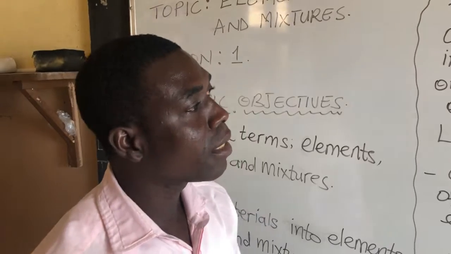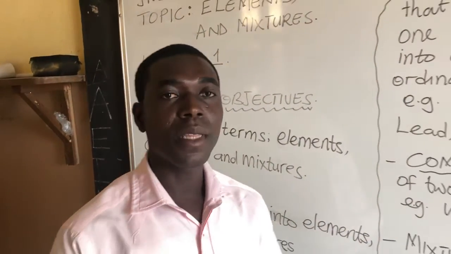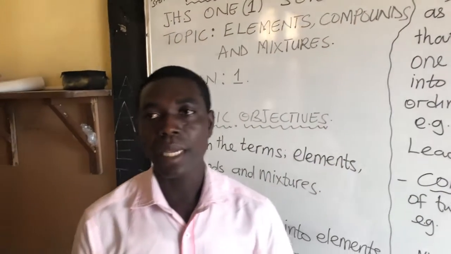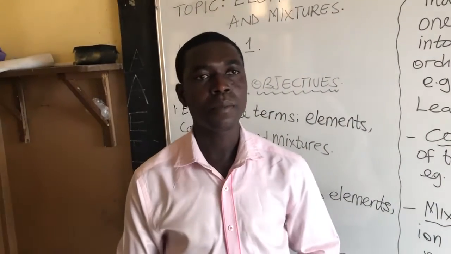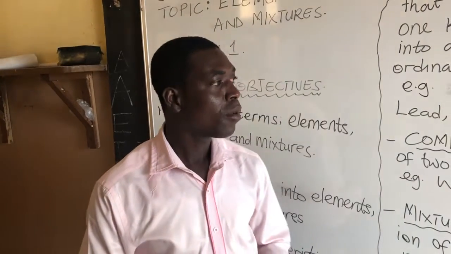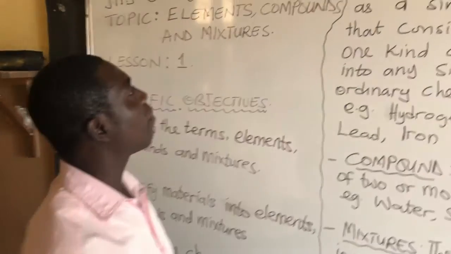Now, in our previous lessons, we talked about living things and non-living things, and living things and their properties or characteristics. Today we are talking about the non-living thing, which is under elements, compounds, and mixtures.